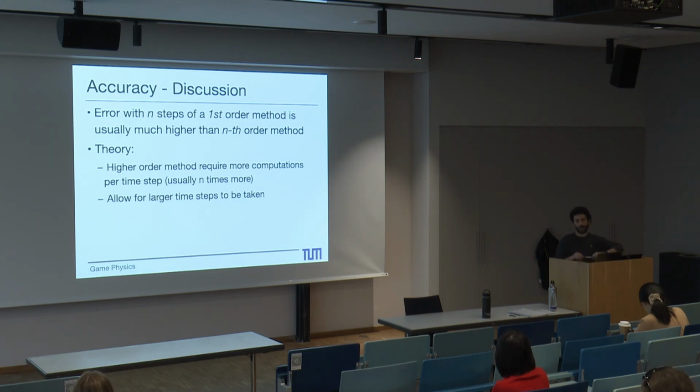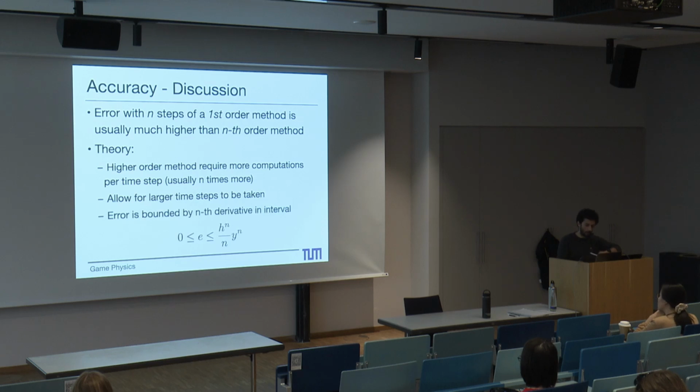Provided that we stay within the limits of numerical stability, and in general there are a few methods that are not numerically stable, so you need to provide, as we were mentioning before, a step size that is lower than a certain amount in order for the integration to converge to a sensible value and not to diverge in the way that we saw. We can usually use higher order accuracy to perform fewer steps and cover the same amount of time, because in the end that's our goal.